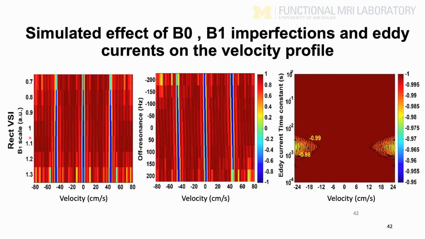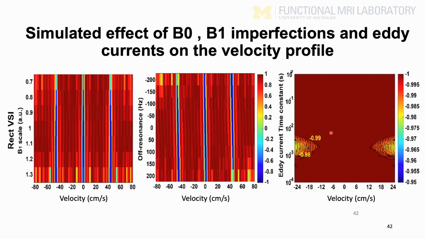On this axis, we were changing the B1 scale, meaning up here we had 70% of what we thought we were putting out, and over here we had 130% of what we should have been putting out. Then we did the same thing with off resonance, adding different amounts of off resonance. And then we also added eddy current effects with different time constants. We were looking at what the effects were over different velocities.